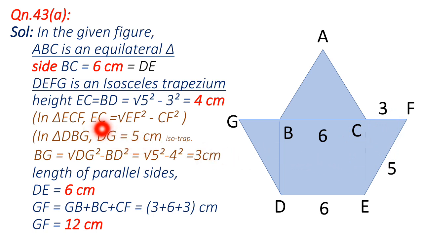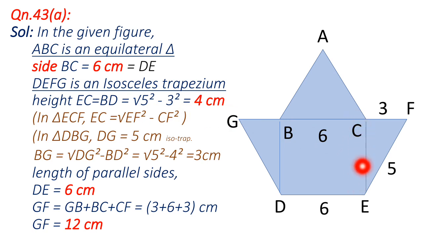So EC is equal to the square root of EF squared, that is 5 squared, minus CF squared, that is 3 squared. So the square root of 25 minus 9 is equal to 16, and the square root of 16 is equal to 4. So finally we will get 4 centimeter as this length EC.